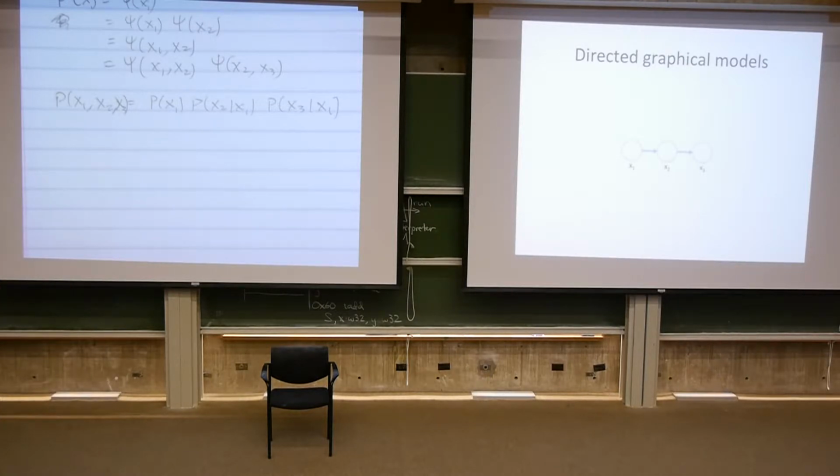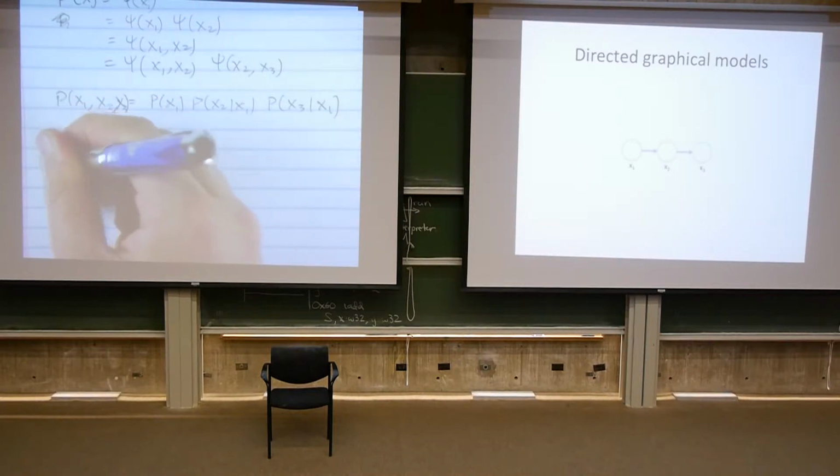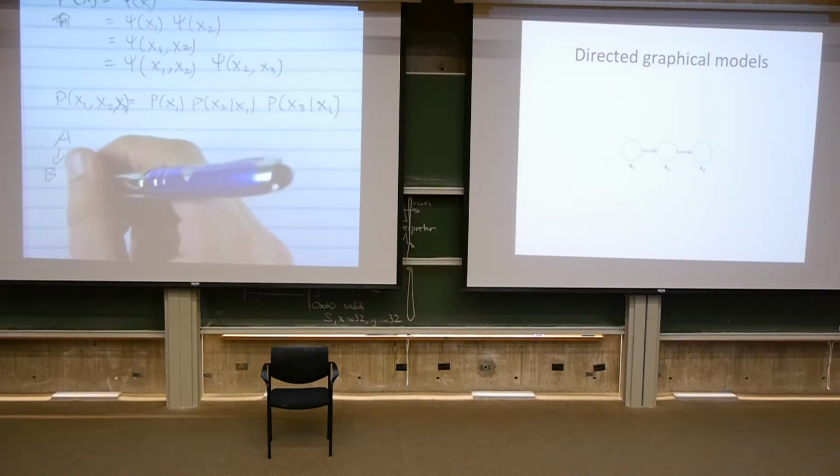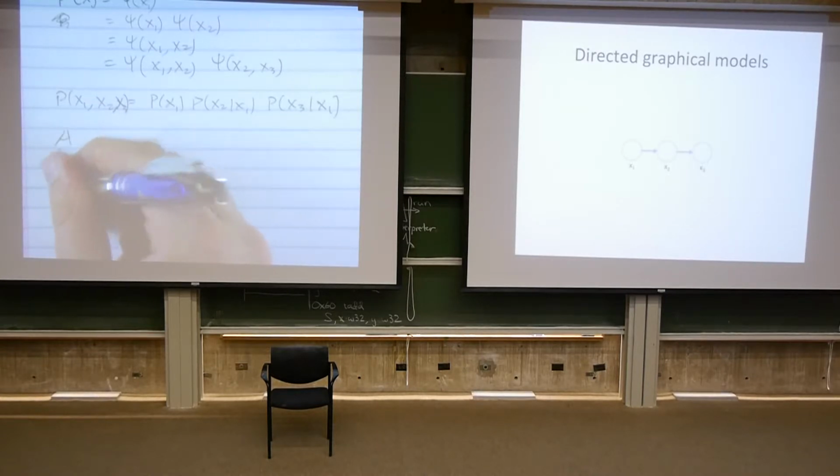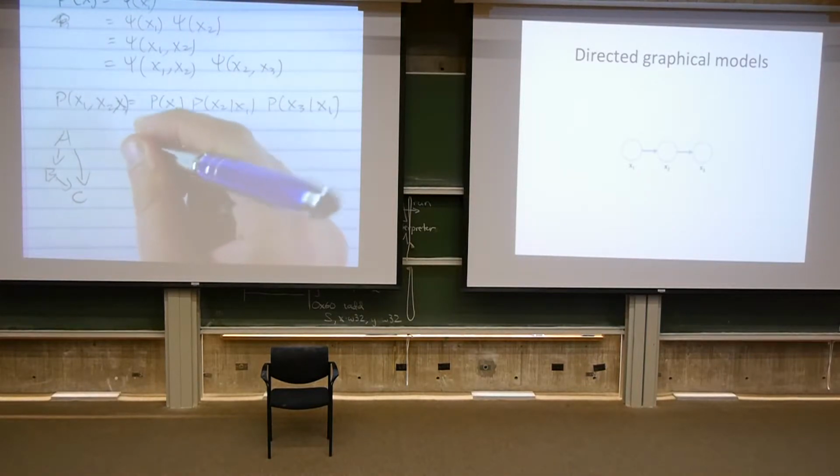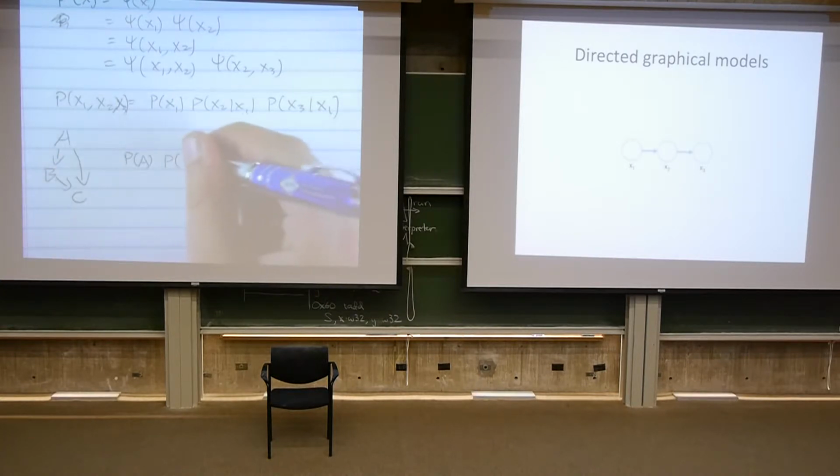So you said A causes B, and also A causes C? Yeah, so that's what it would look like. So it's just the things given their parents, right? So it's P of A, and then B is P of B given A, and C is P of C given A and B. Make sense?